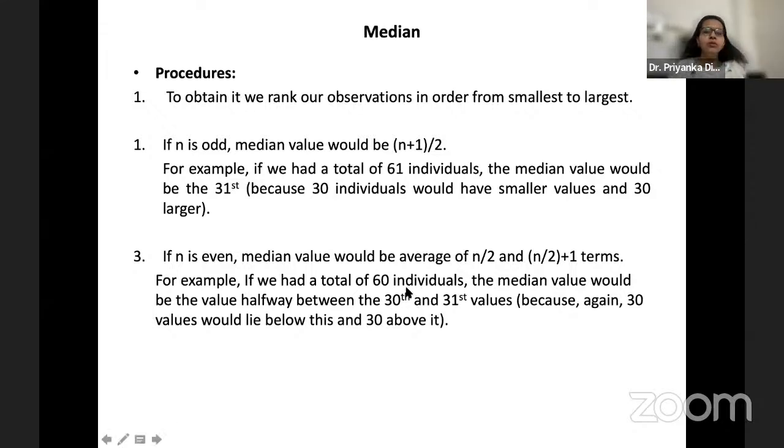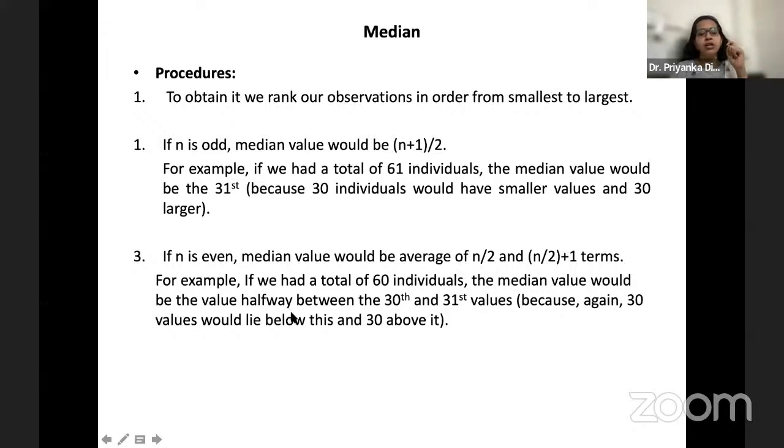Okay. So let's say in this situation I have to calculate the median. When I have 10 observations, is my series odd or even? It is even. So which formula should I apply? The second formula. So I have to calculate n by 2.